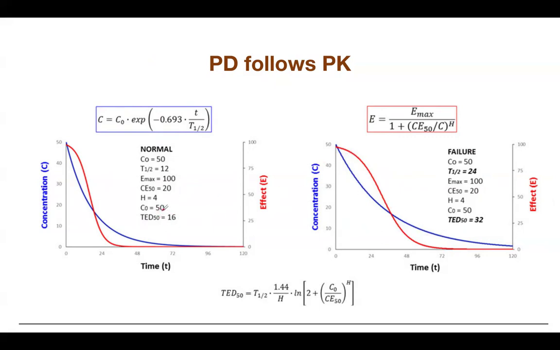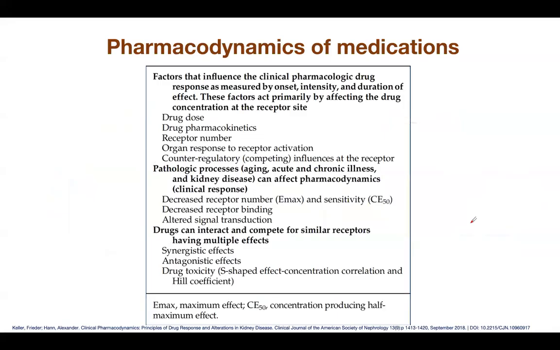The pharmacodynamics are mostly the same, but due to the change in half-life in the presence of chronic kidney disease, the half-life increased, doubled, the T-E50 also doubled, and therefore we must appreciate the need for this consideration of pharmacodynamics.